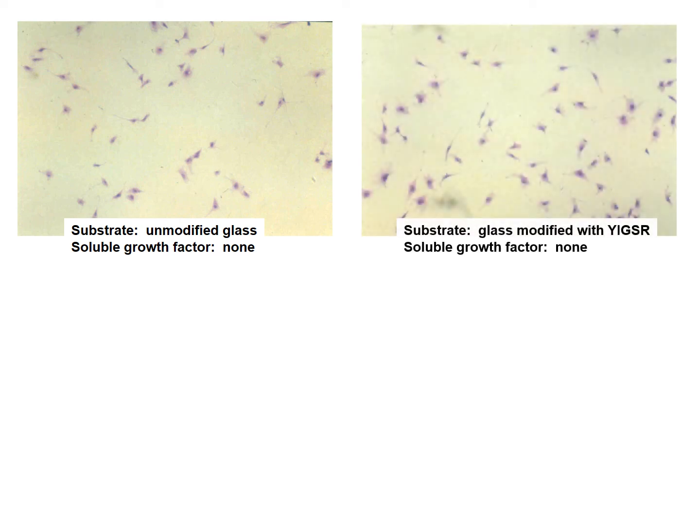Since an appropriate chemical modification of the substrate with the well-chosen adhesive peptide is known to improve the adhesive interaction of cells, the next step in the study was to modify the surface of the substrate using the adhesive peptide from laminin, which is recognized by endothelial cells. Again, these experiments were conducted in the absence of a soluble growth factor.